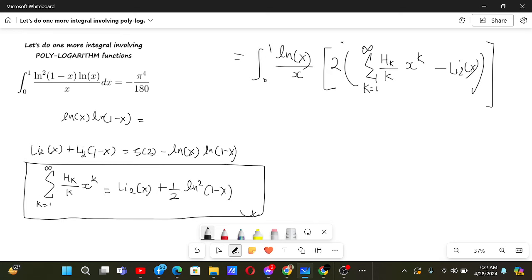We want ln^2(1 - x), so take this to the other side and then multiply both sides by 2. This is the exact same expression that we get for ln^2(1 - x).